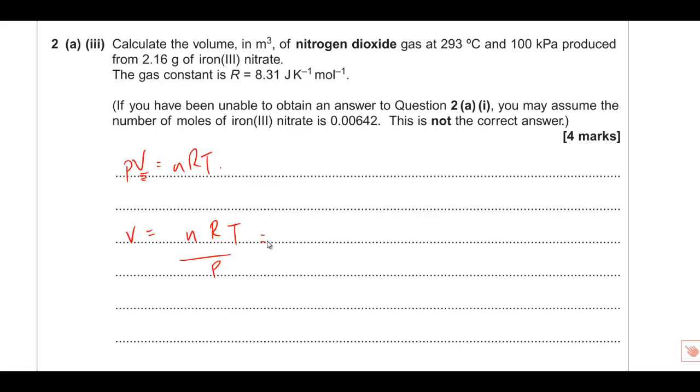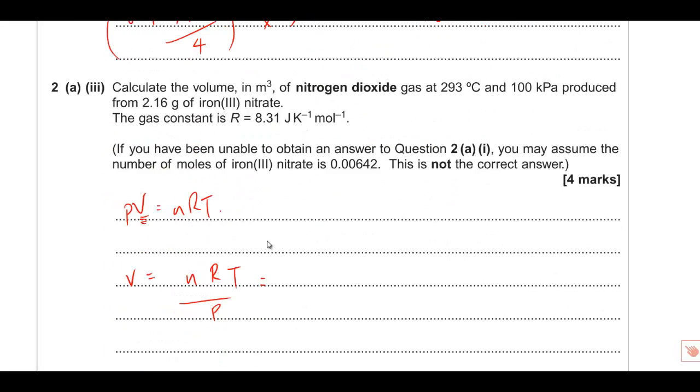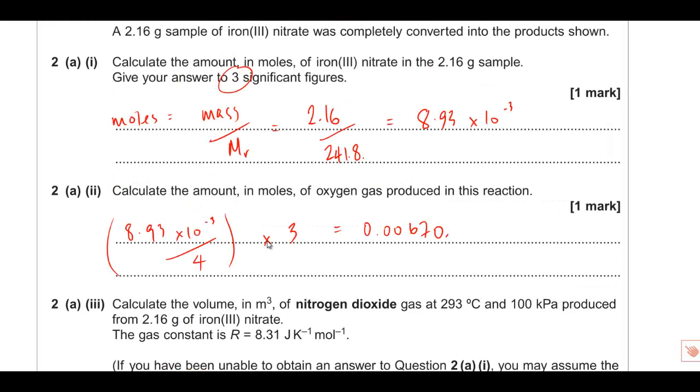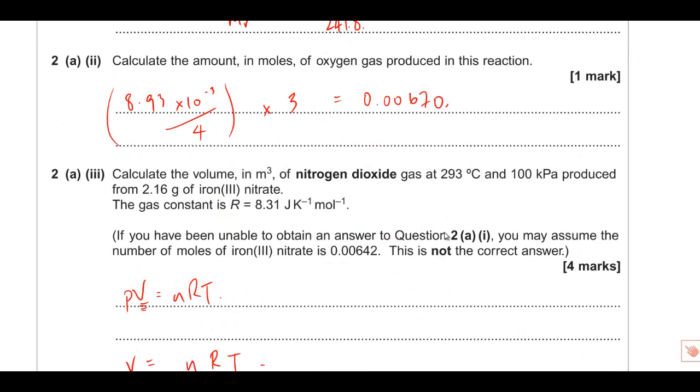Now, n, what is n? Well, we've got to use this one here. We've got to work out what's going on. So we know that we have 8.93 times 10 to the minus 3 moles of iron nitrate, and we're trying to find the NO2.